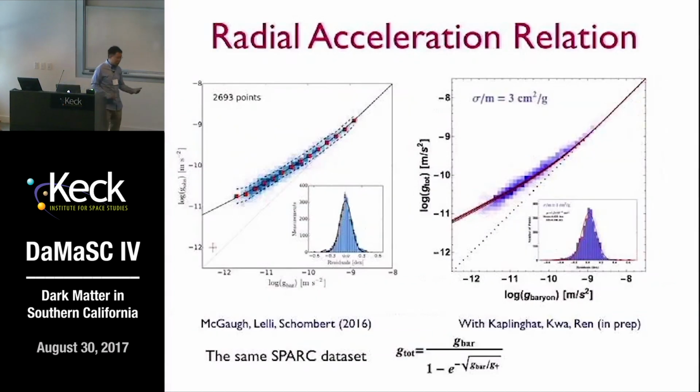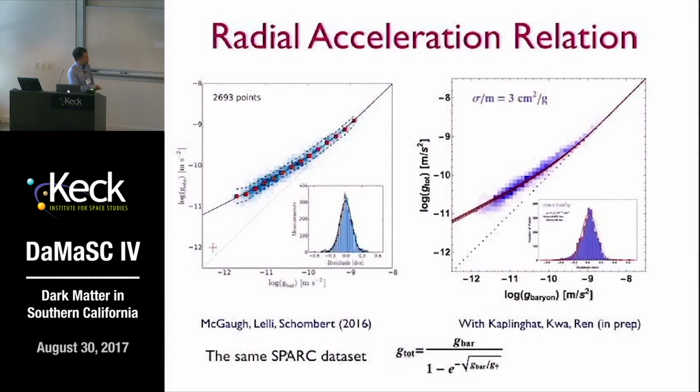You can also check the radial acceleration relation. Last year, Stacy and his collaborators made a big deal of this. If you take the same SPARC data sets and fix the mass-to-light ratio to be 0.5, you see a very tight correlation between the total observed acceleration and the baryonic contribution. With the SIDM fit, you can also get a very tight correlation.